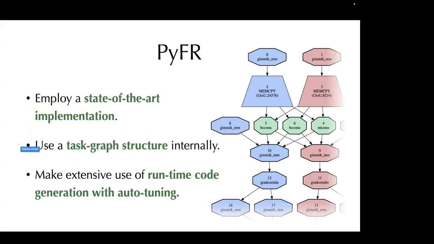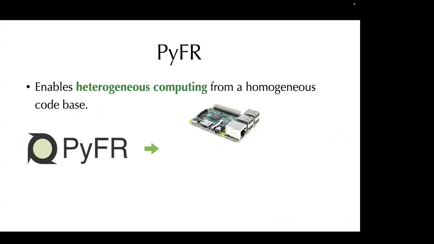And beyond this, we also make extensive use of runtime code generation with auto-tuning. So we'll often generate several kernels at startup, we'll benchmark to see which one works best for your problem, and we'll proceed with that. This again just helps with performance portability and getting the best possible performance out of the code with minimal user intervention.